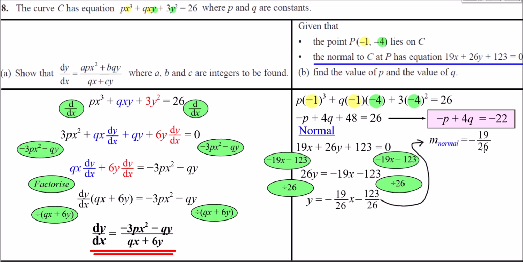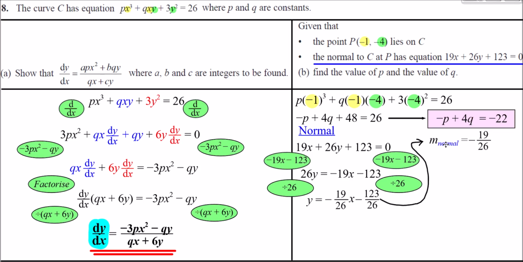However, what we could really do with knowing is the gradient of a tangent. dy by dx is the gradient function which tells us the gradient of a tangent. The gradient of a normal is always perpendicular to the gradient of a tangent and vice versa. The normal and tangent are perpendicular to one another, so therefore we should remember that the gradient of one will be the negative reciprocal of the gradient of the other.